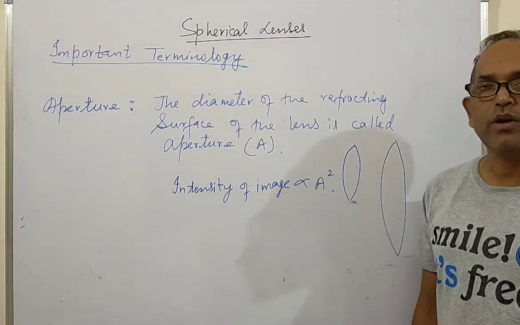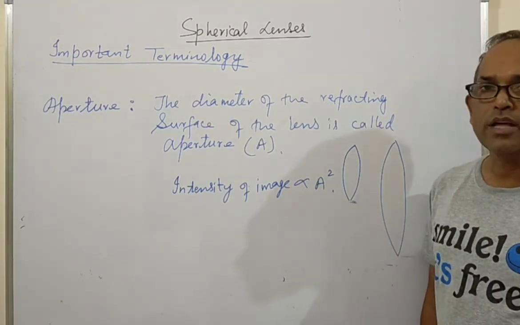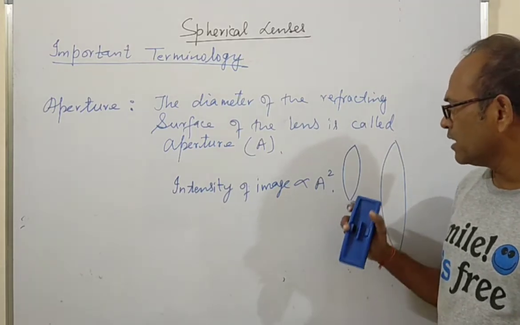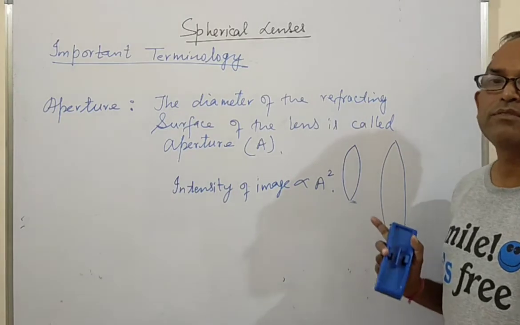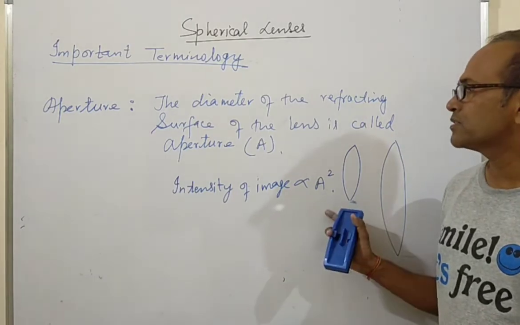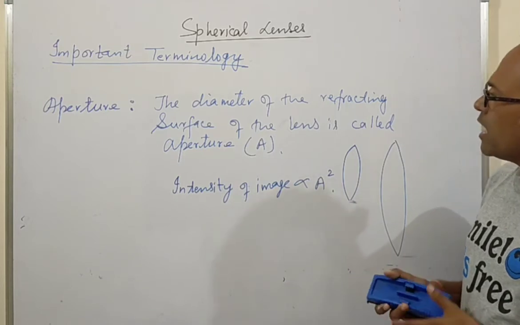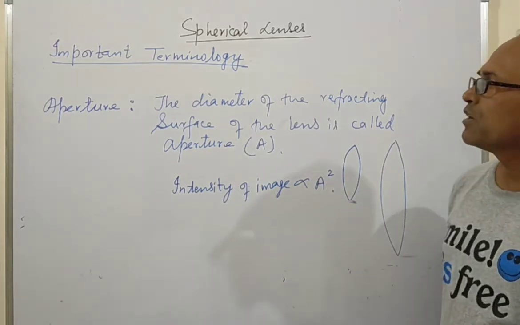Intensity is directly proportional to the square of the aperture. How bright the image will be is decided by the size of the refracting surface, or aperture, of the lens.